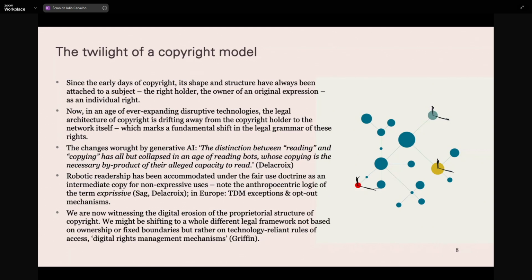This is an example of this detachment of the legal architecture, or the very grammar of copyright, from the subject, from the individual, to the network.